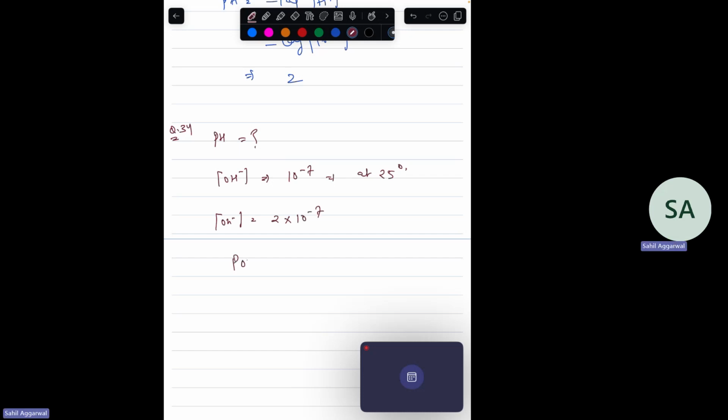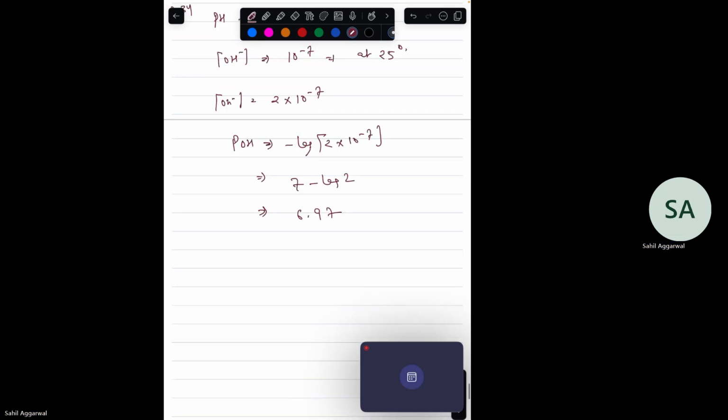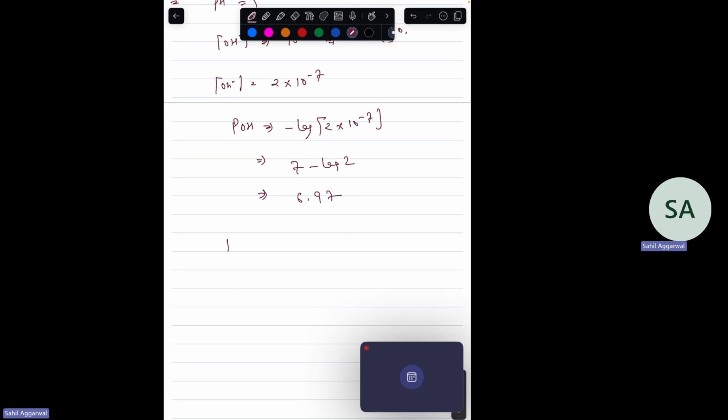So we calculate pOH. pOH will come out to be minus log of 2 into 10 to the power minus 7. That would be 7 minus log 2. So this will be 6.97. pOH is 6.97, so pH would be 14 minus 6.97. That would be 7.03. That would be the answer for the last question.